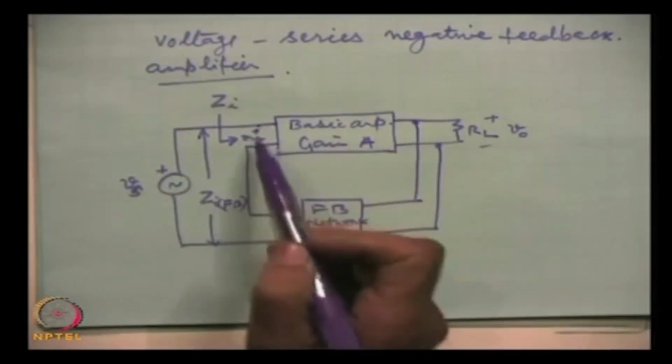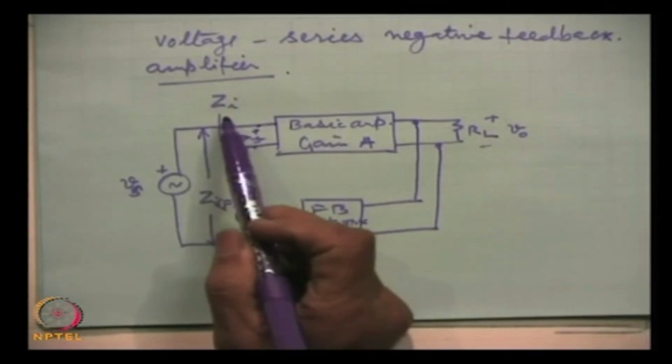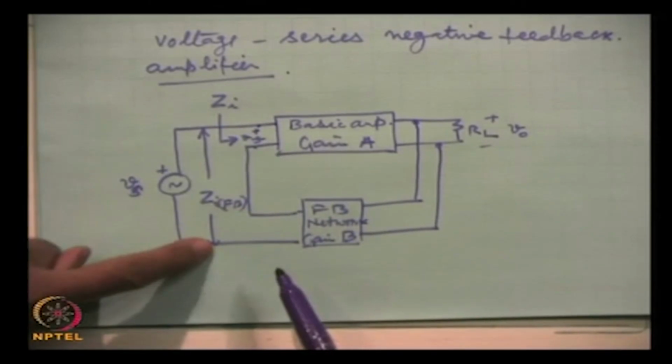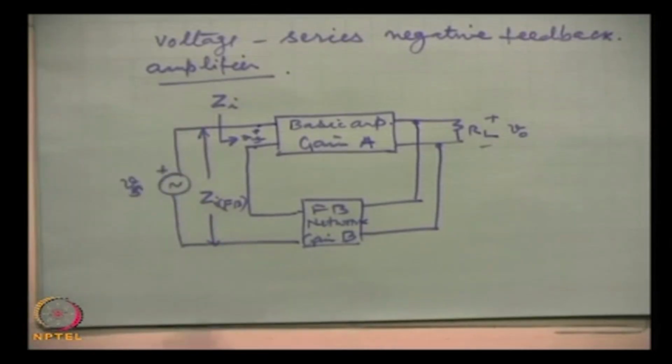So when we measure the input impedance here, this will be the open loop input impedance, but when we incorporate feedback, that is between this terminal and this terminal, the input impedance will be Z I F B.